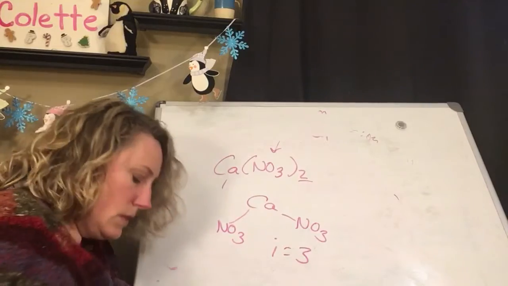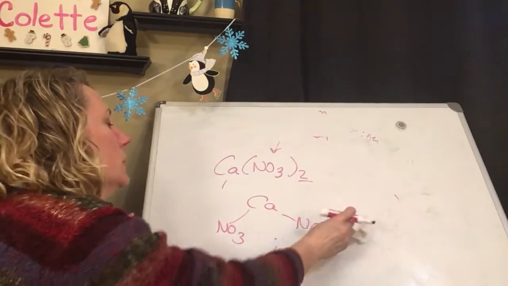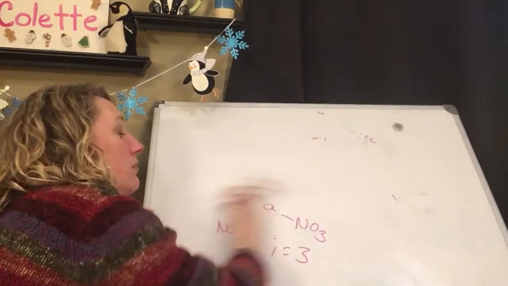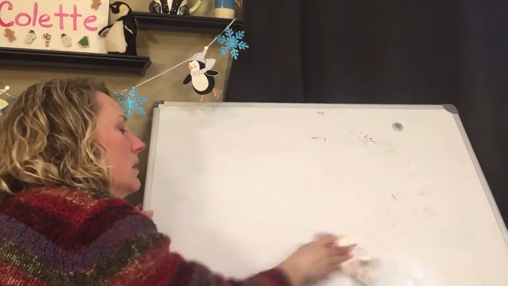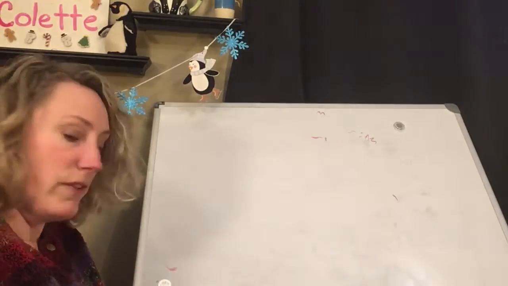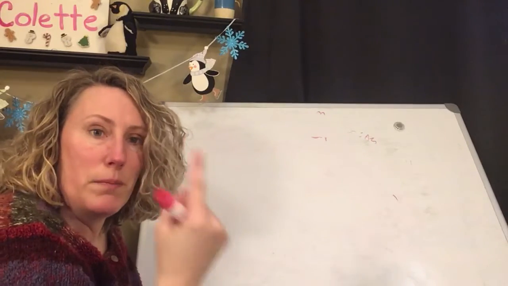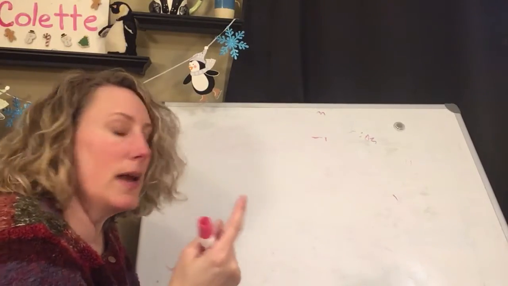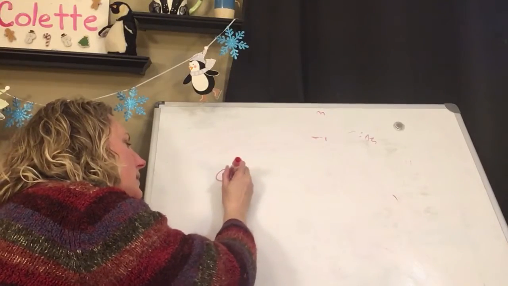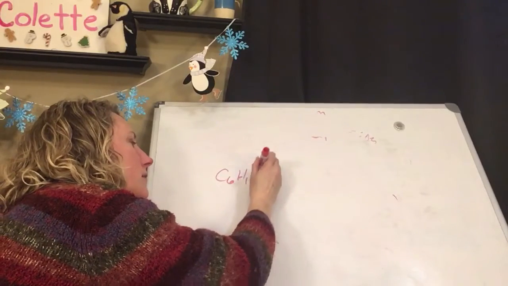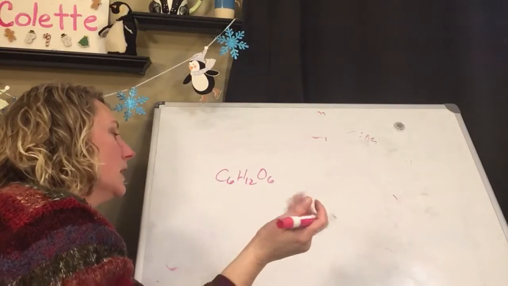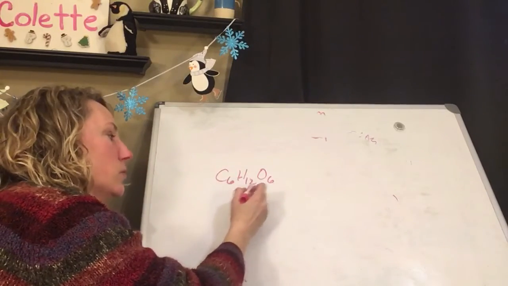Okay? If you have something like a sugar, that's a covalent compound. Covalent compounds stay together in one big chunk. They don't break into ions. So if you have something like C6H12O6, like a sugar, it is not going to break into 6 plus 12 plus 6 pieces.